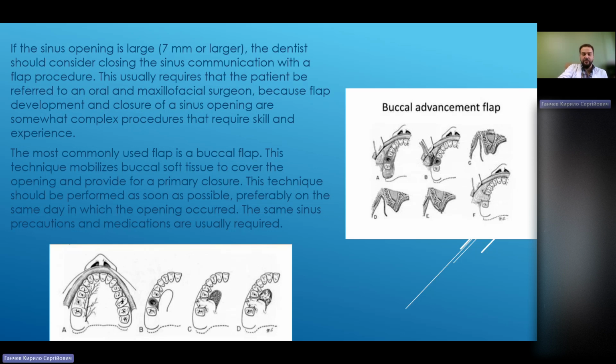If the sinus opening is large, 7 millimeters or even more, the dentist or dental surgeon should consider closing the sinus communication with a flap procedure. This actually requires that the patient be referred to an oral and maxillofacial surgeon, because flap development and closure of the sinus opening are somewhat complex procedures that require skill and experience.